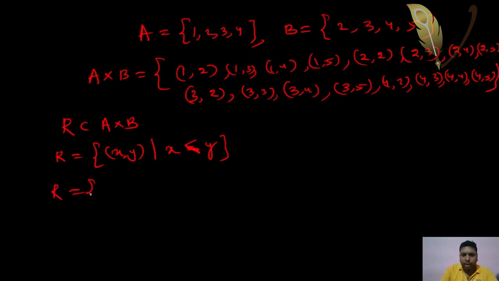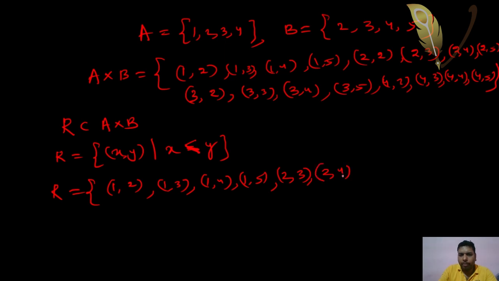So R contains elements like (1,2), (1,3), (1,4), (1,5), (2,3), (2,4), (2,5), (3,4), (3,5), (4,5). Okay, so R is this relation.